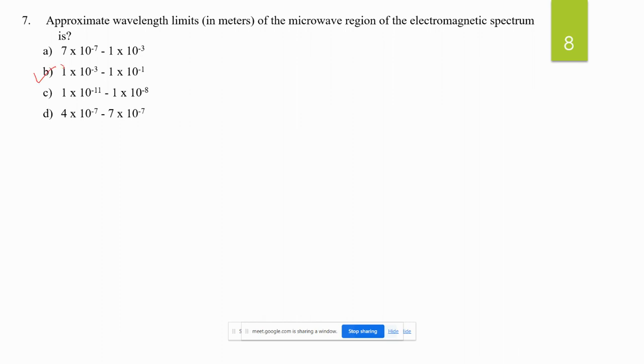That was option B. Here it is written in meters. It starts from 1 millimeter, which if you convert, we get 1/1000 meter, so 1 millimeter to 1 meter.